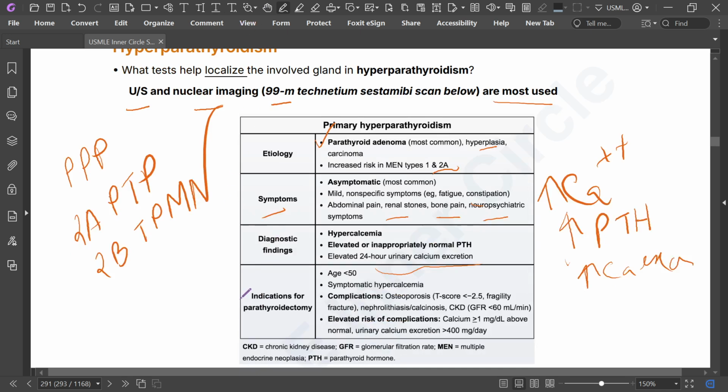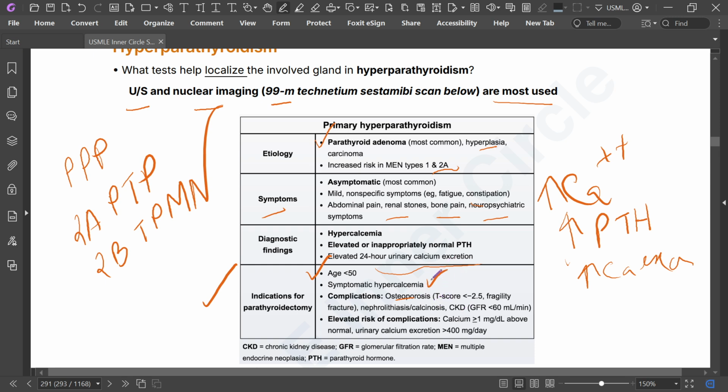We will do parathyroidectomy if age is less than 50, if there is symptomatic hypercalcemia like bones, stones and psychiatric overtones. Also for complications like osteoporosis with T score less than -2.5, fragility fracture, nephrolithiasis or nephrocalcinosis, CKD with GFR less than 60 ml per minute.